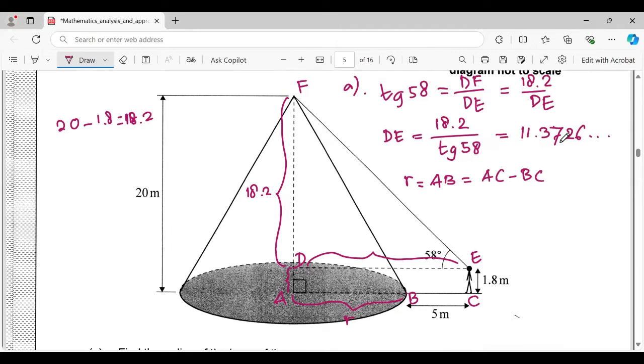AC is 11.3726 because AC equals DE. So R equals AC, 11.3726, minus BC, which is 5. So R equals 6.3726, and so on. That is R.